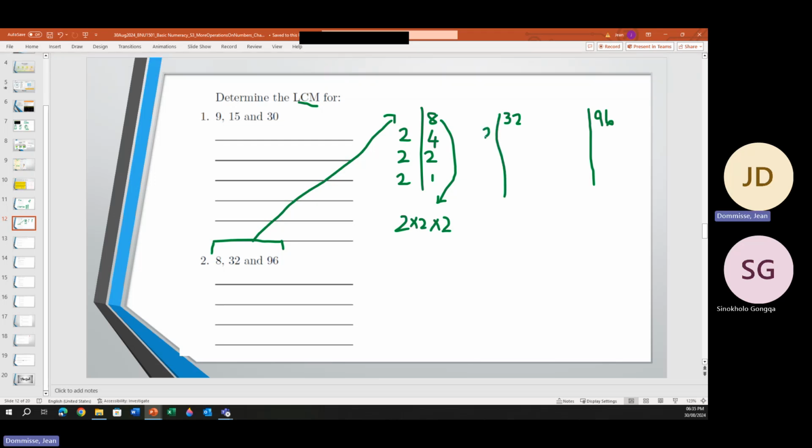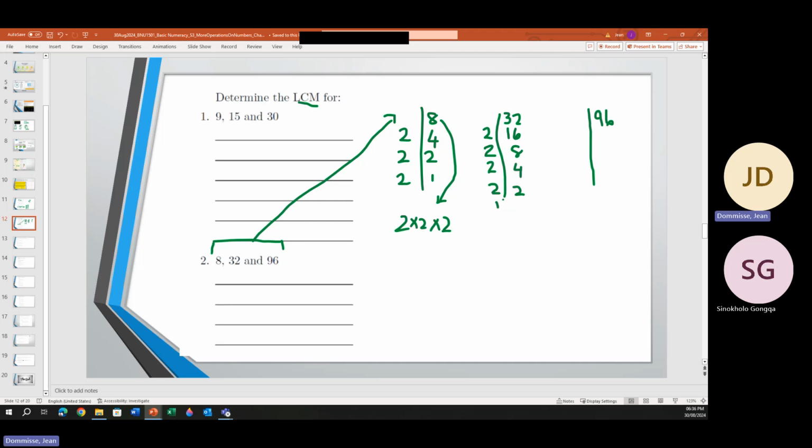So 2 goes into 32 16 times. 2 goes into 16 8.